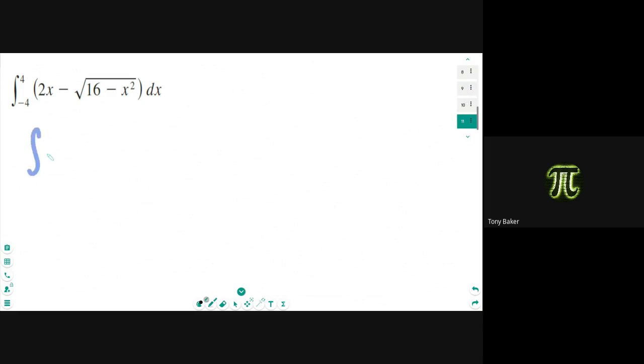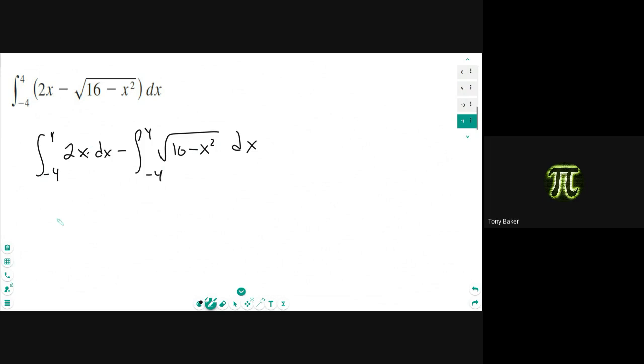So I could split this into two pieces. One of the things you can't do with multiplication and division, but you can with addition and subtraction. So this is easy, right?